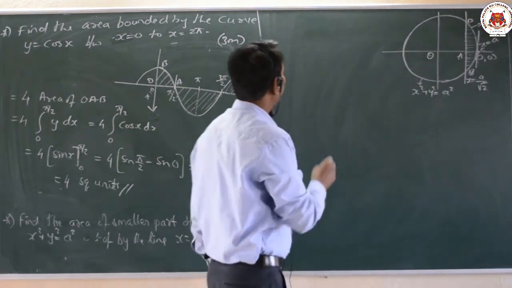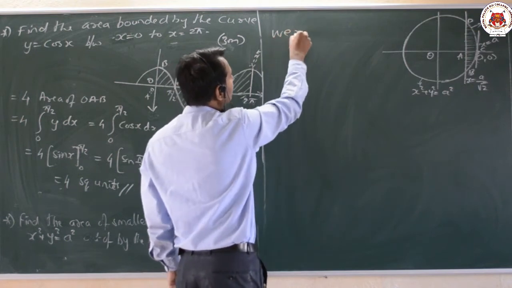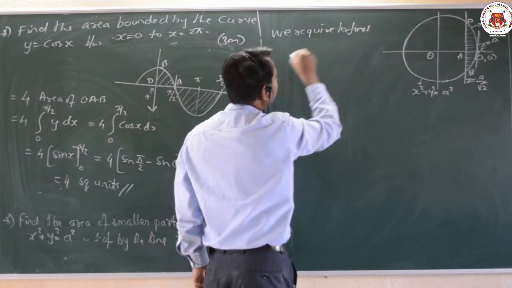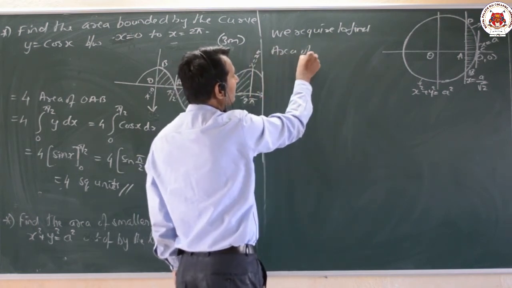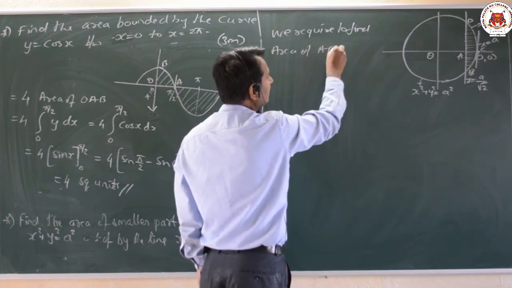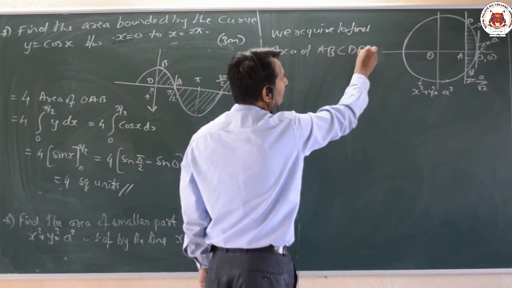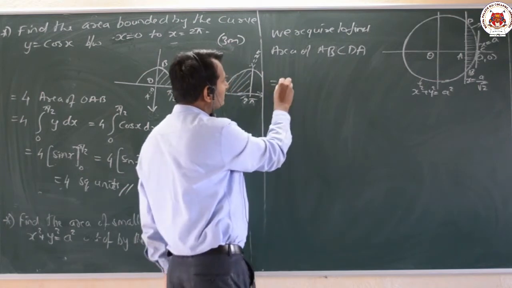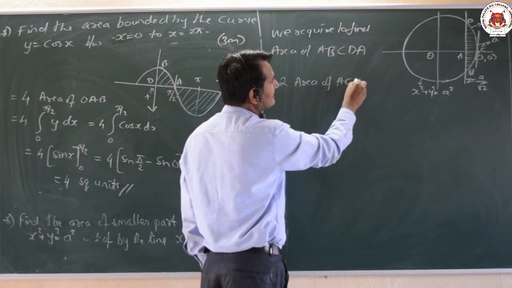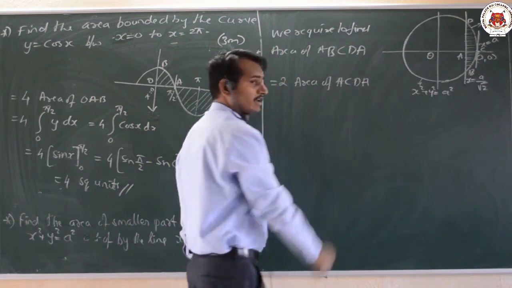According to the diagram we require to find the area of ABCDA. That means 2 into the area of ACDA. I will find the area of ACDA.